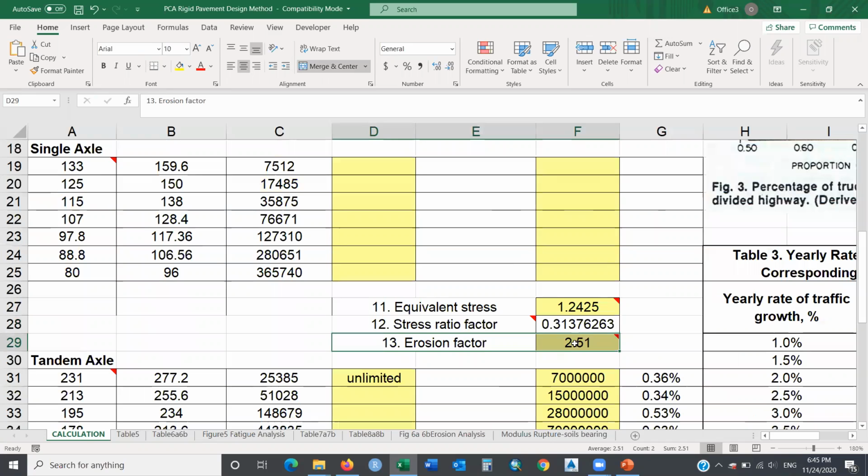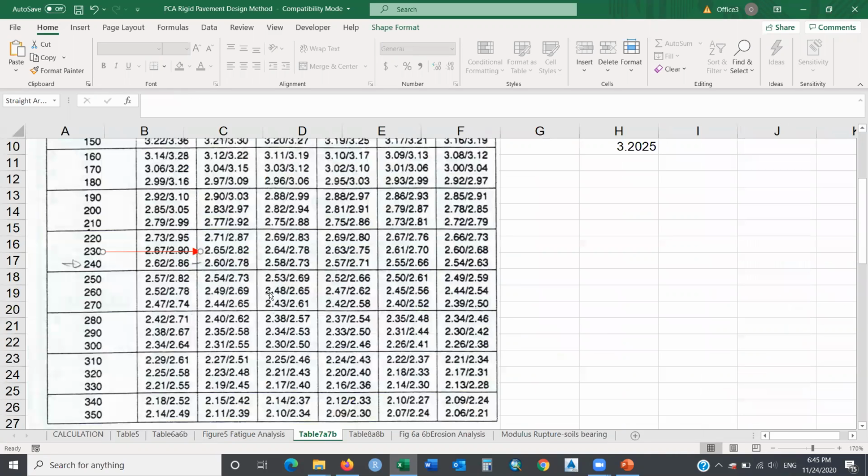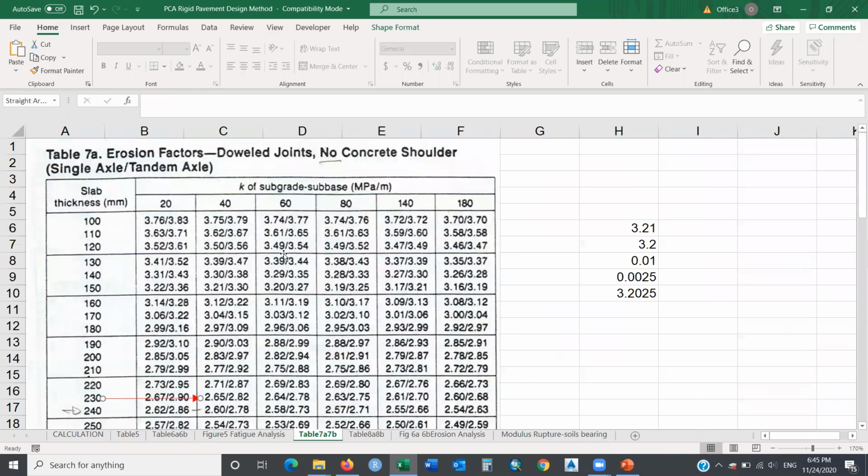And the erosion factor for tandem is somewhere between 278 and 282. So 280 will be halfway. Halfway will be for 50, but I have 55 almost. So it will be 279.